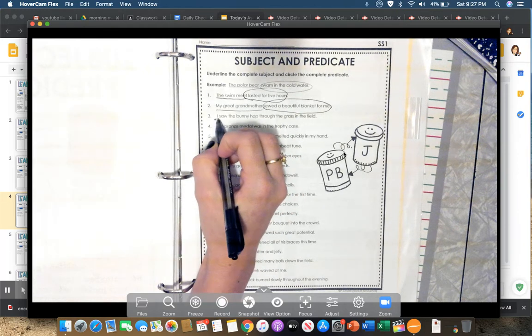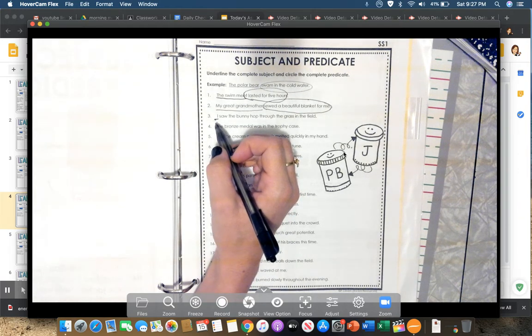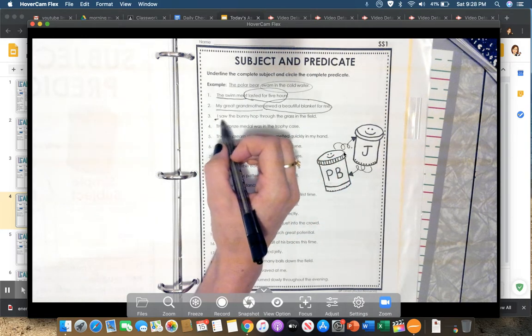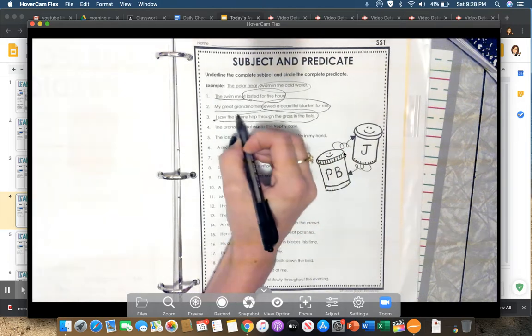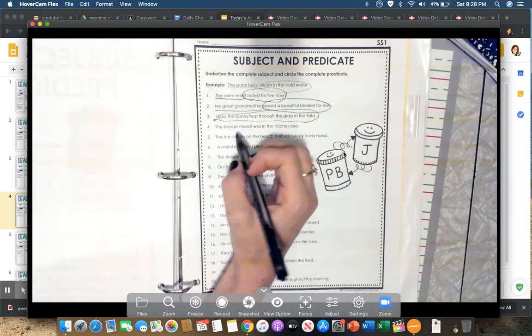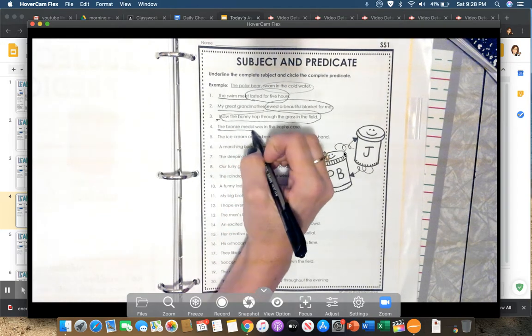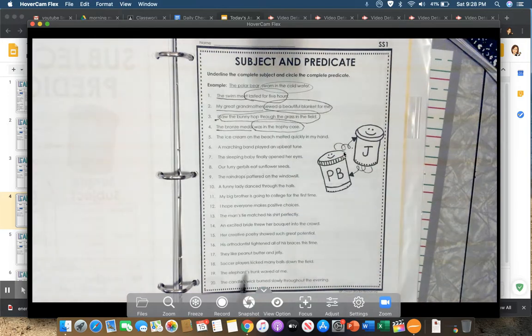I, notice that's just one word, right? That is the subject. Who's the sentence about? It's about I. And what did I do? I saw the bunny hop through the grass in the field. So that's the complete predicate. The bronze medal, that's the complete subject. What it's about was in the trophy case. All right, so I think you guys get the idea.